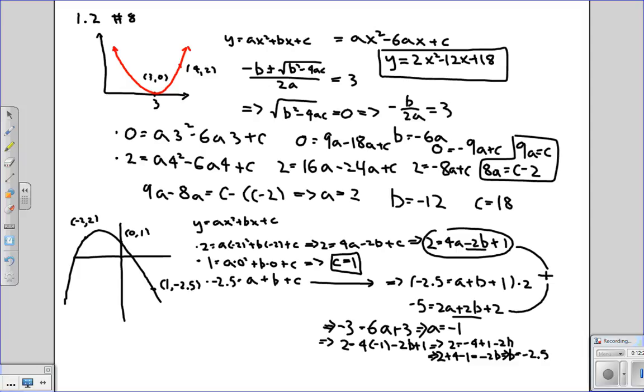And we have solved this. So the end result is y equals negative x squared minus 2.5x plus 1.